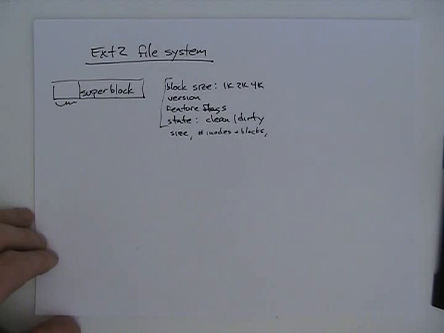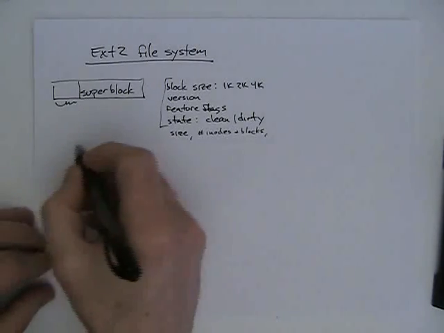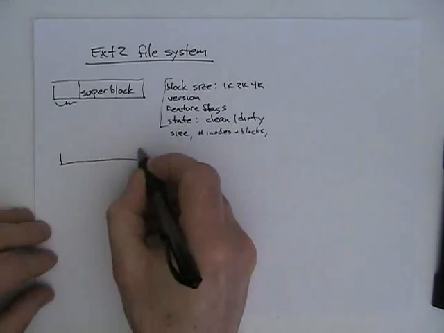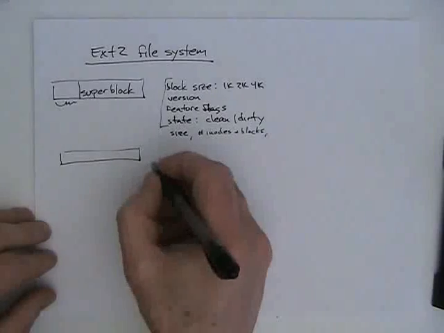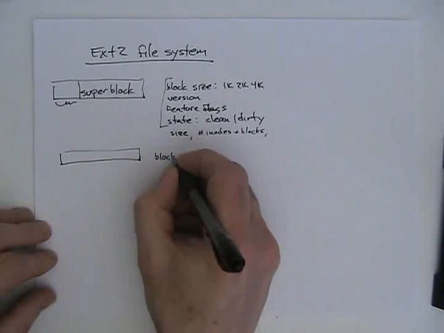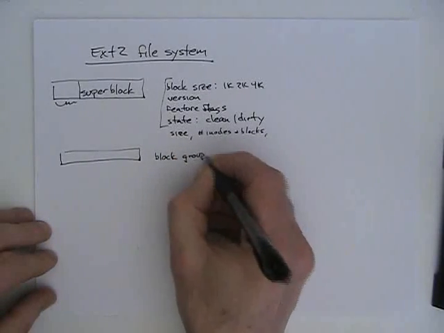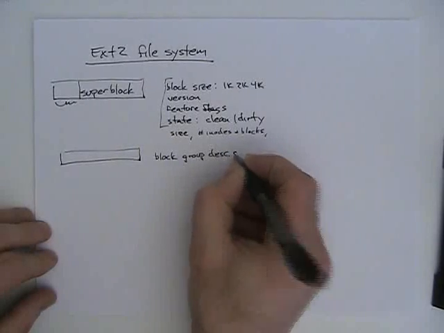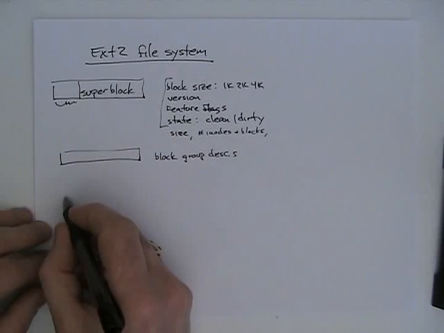That's actually expressed as how many reserved blocks there are. Next, you have block group descriptors, and then finally you have a series of block groups.